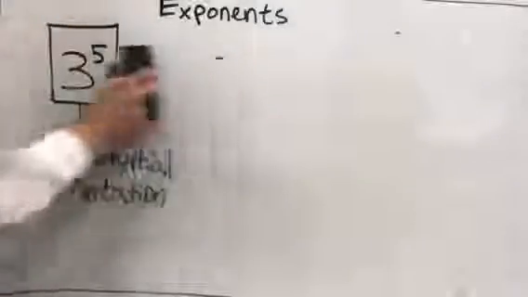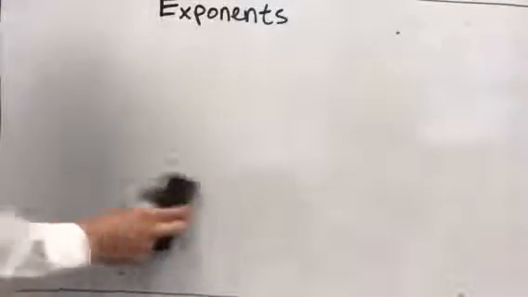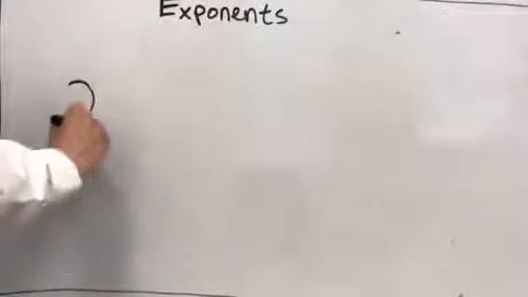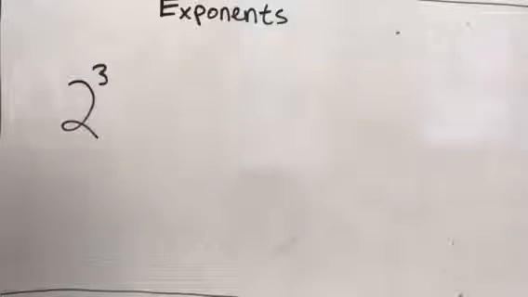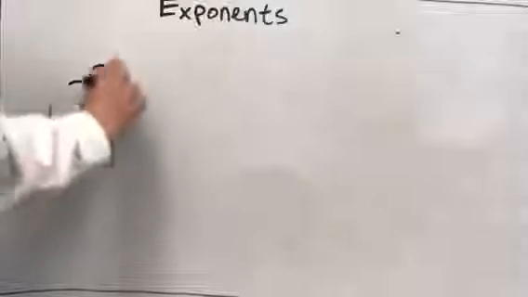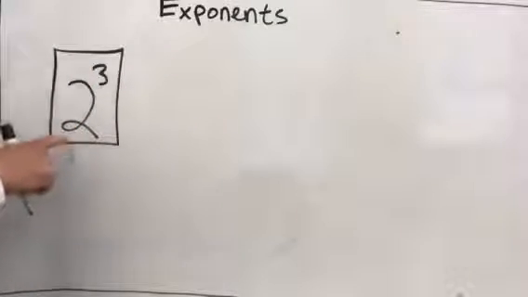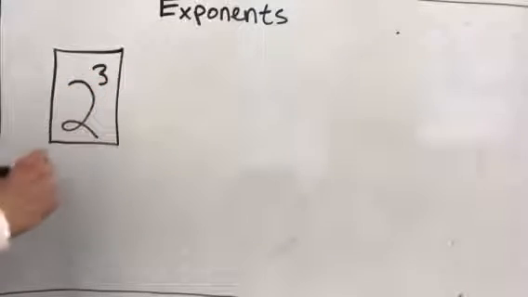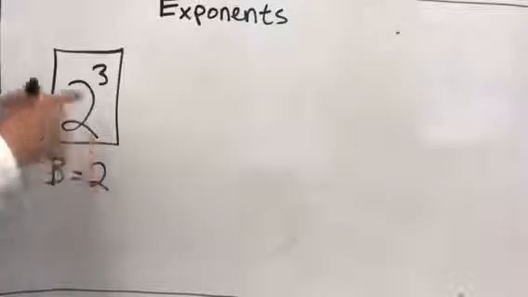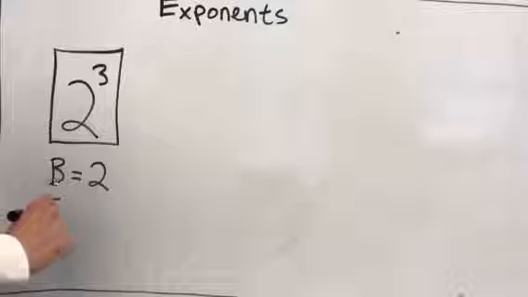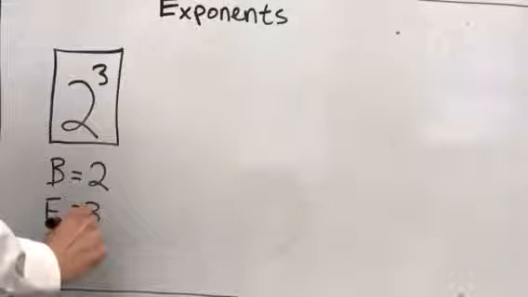So let's take a practice. What would, say, 2 cubed, 2 to the 3rd, be evaluated? Again, this is an exponential notation, 2 to the 3rd, where the base, I'll abbreviate with B, is 2, and the exponent, I'll abbreviate with E, is going to be 3.